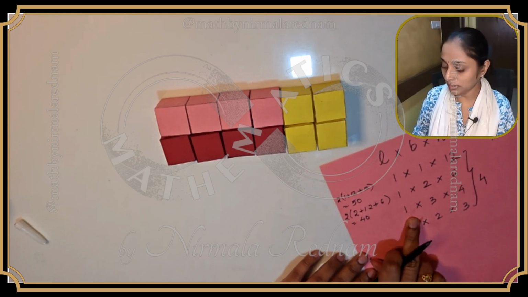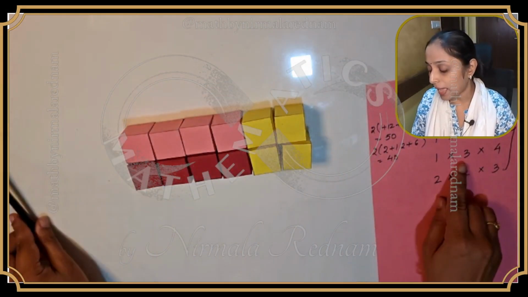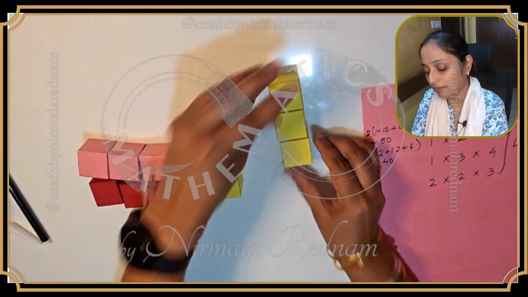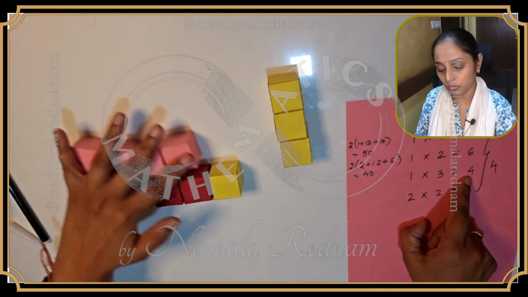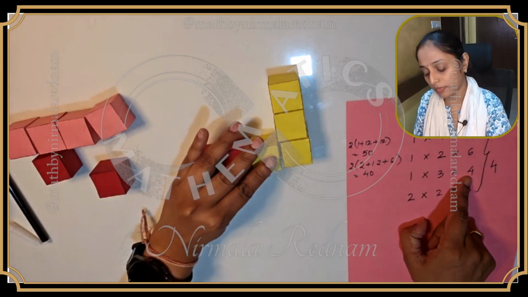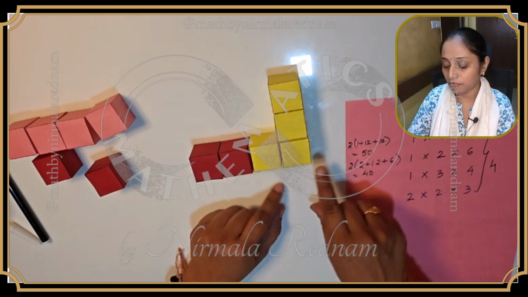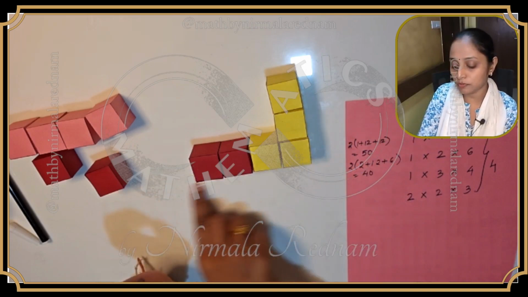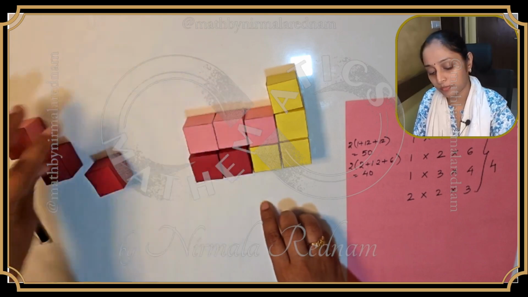Now coming to the third one, I'm going to take height as 1. I have 3 here. So in one direction I have 3 and in the other direction I have 4. So this is 1 by 3 by 4. This is 1, this is 3 and this is 4. Now I'm going to fill up the remaining gaps.